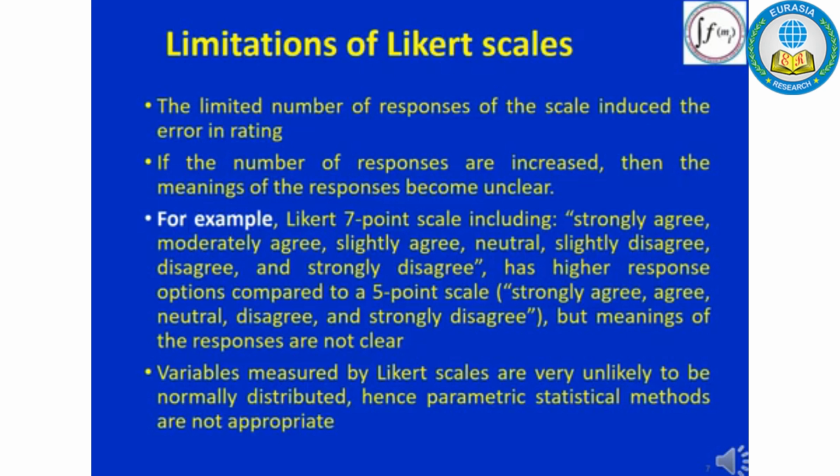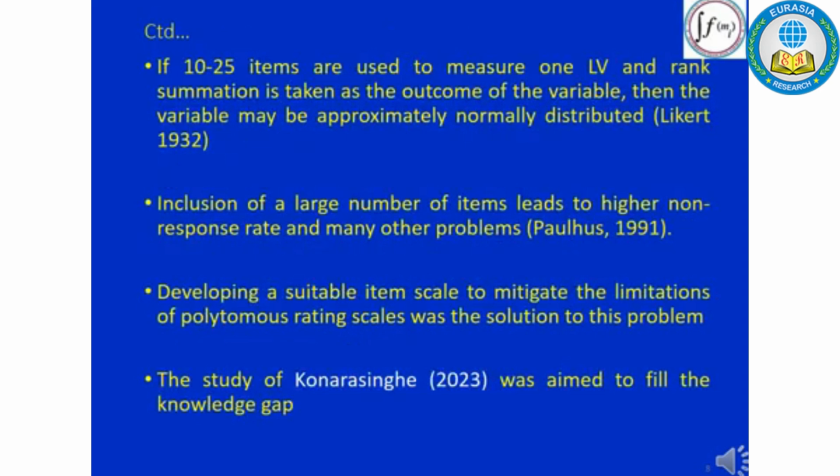Another problem of the Likert scales is that variables measured by Likert scales are very unlikely to be normally distributed. Only if the variables are normally distributed can we use the Z-test, ANOVA, etc. As Likert showed in his 1932 PhD study, if 10 to 25 items or questions are used to measure one latent variable and rank summation is taken as the outcome, then the variables may be approximately normally distributed.